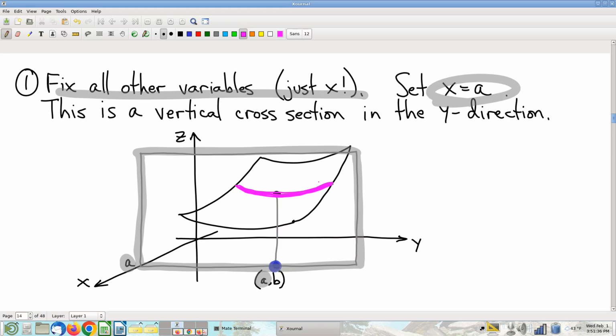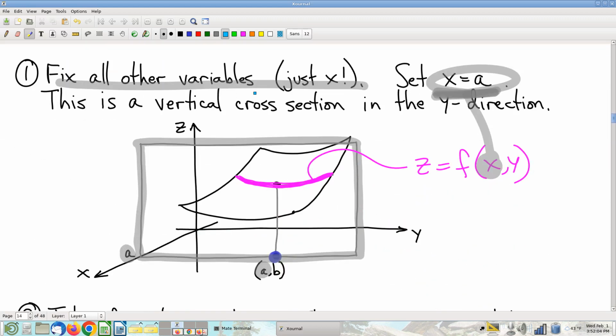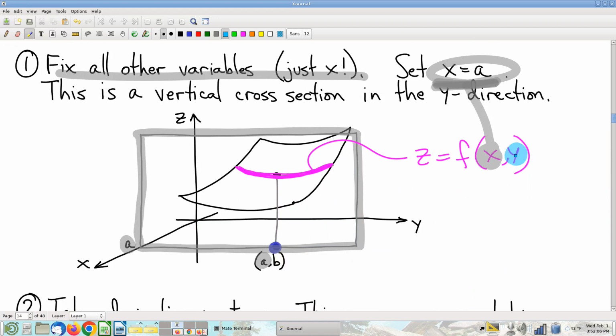It's where z is equal to f of x comma y, except, wait a second, x is now a constant. x is now fixed. x is now a, and it's not allowed to change for the purposes of our conversation. So this purple curve that I've got here really is just, let's see, I'm taking a partial with respect to y here, using blue. So what I've got here is z now just as a function of y.